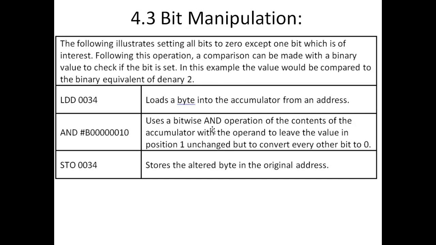Use a bitwise AND operation of the content of the accumulator with the operand to leave the value in position 1, the second bit, unchanged, but all the others would be converted to 0. Then we store the altered byte in the original position.